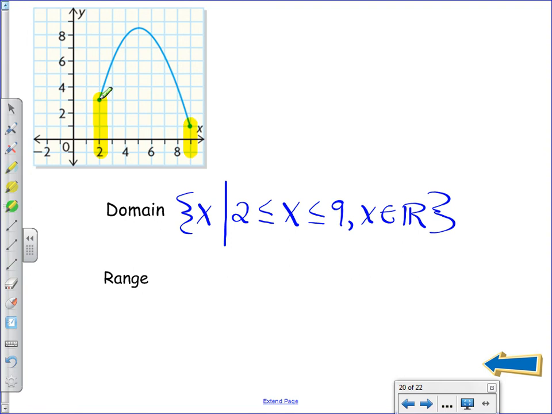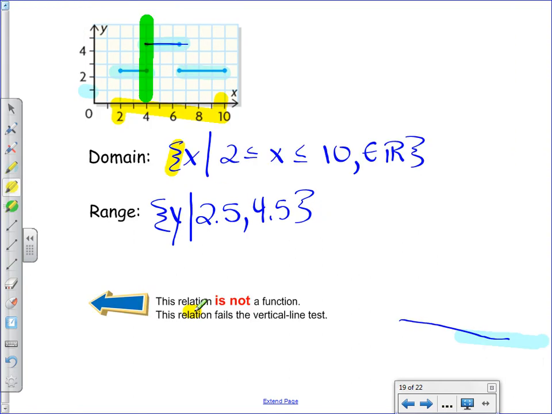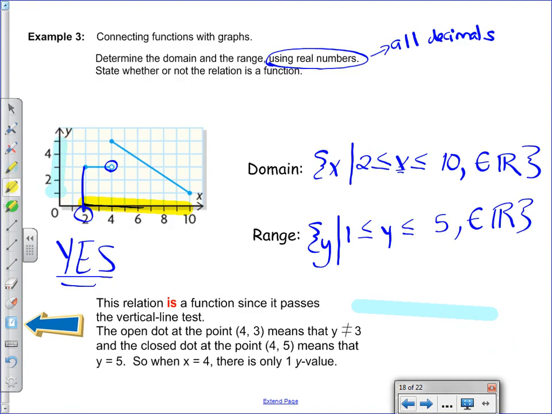Have I not been doing that? Shoot. You're supposed to be doing that. Write that down. So I should have had here x is an element of the real. X is an element of the real. Y is an element of the real. I apologize.